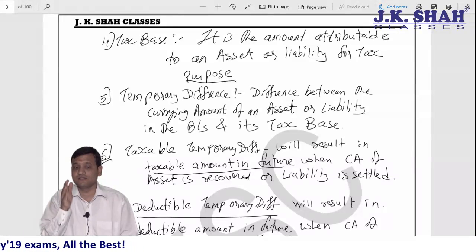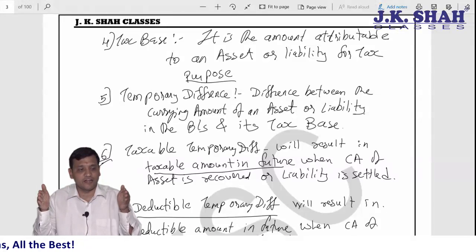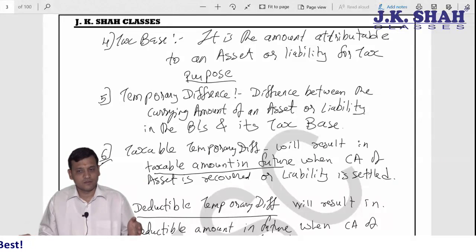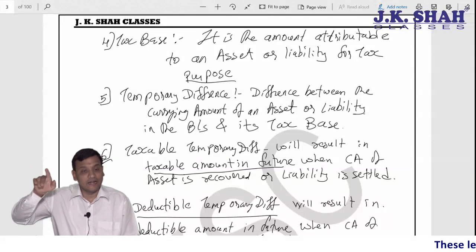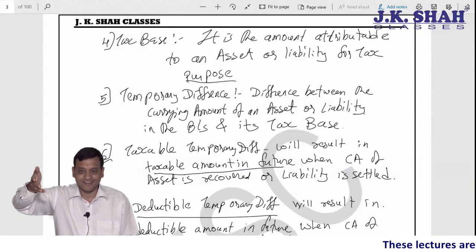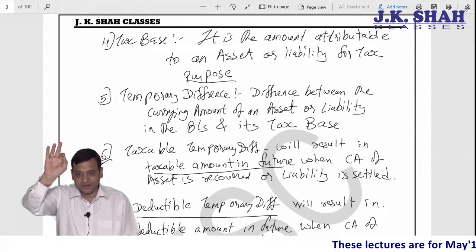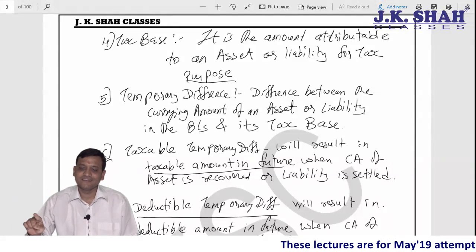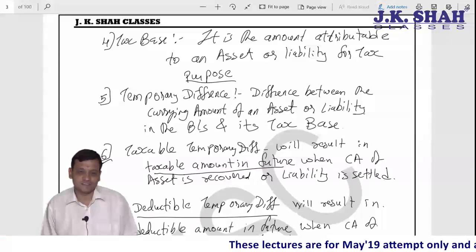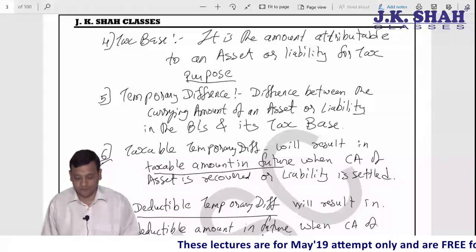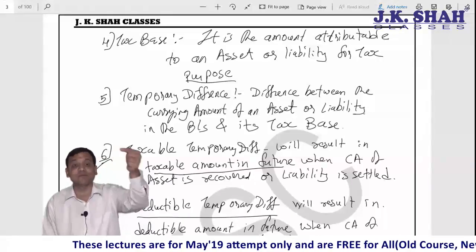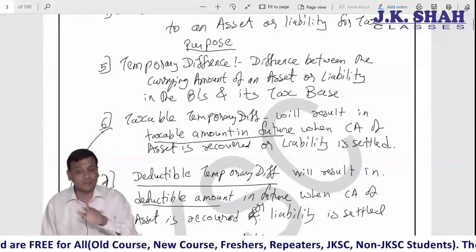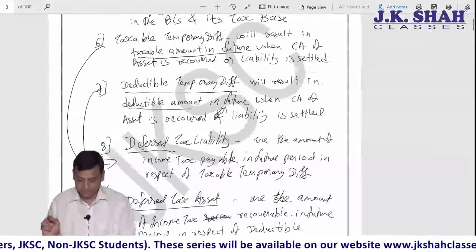Then we had this temporary difference, we bifurcated into two parts. Taxable temporary differences and deductible. Don't say permanent. Taxable temporary differences and deductible temporary differences. What is taxable temporary differences? So we say will result in taxable amount in future. There will be some taxable amount in that order. Taxable deductible will result in future.